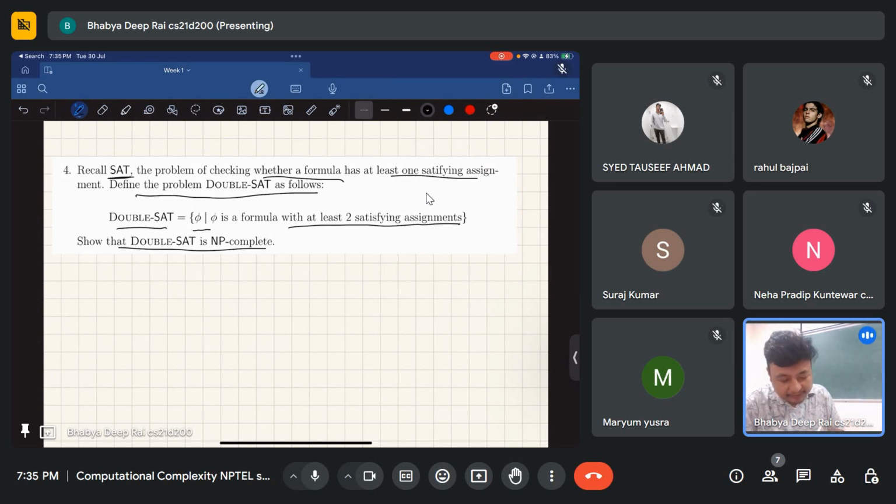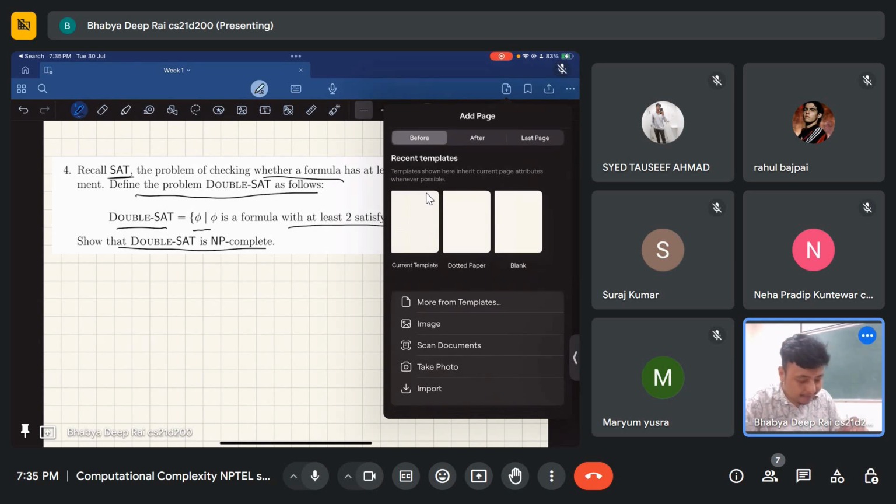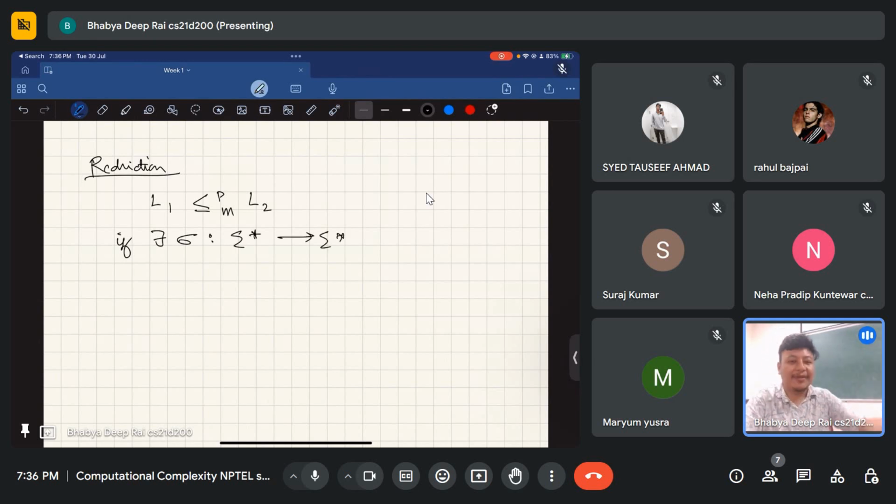Just let me quickly recall what a reduction is. L1 polynomial-time many-one reduces to L2 if there exists a function sigma, which takes in a string and gives you another string.